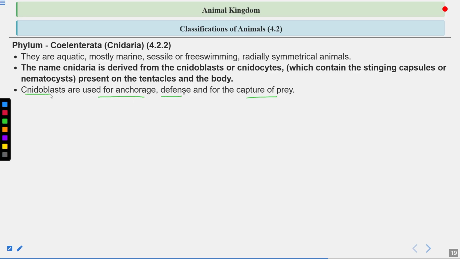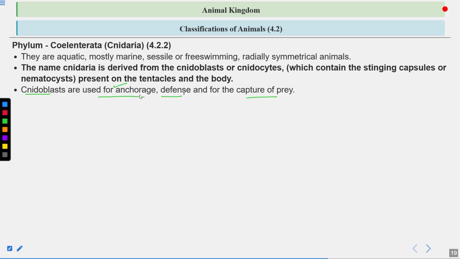So these cnidoblast cells are for anchorage. They are present on their body surface and on the tentacles, so that helps them to anchor on a substratum. Defense: they protect them from enemies. When enemies attack them, with the help of these nematoblast cells, they protect themselves.